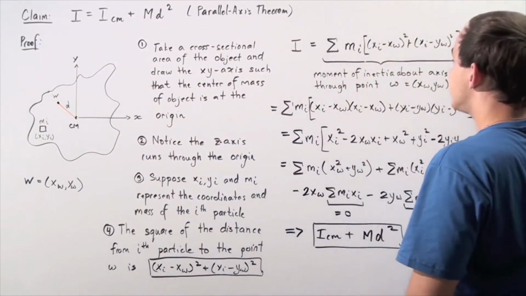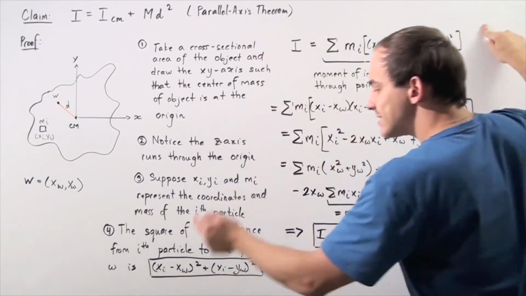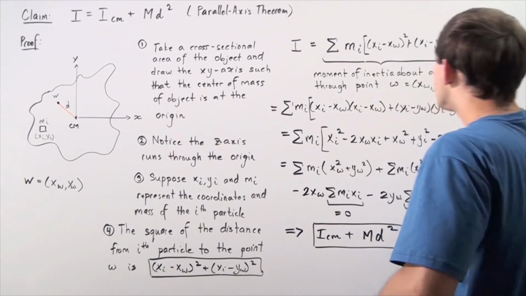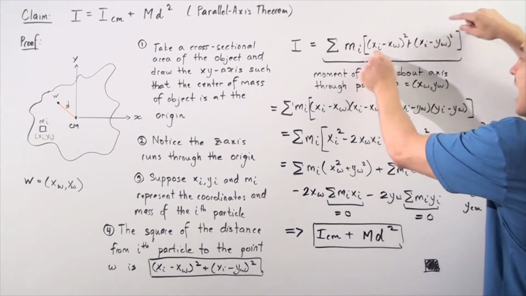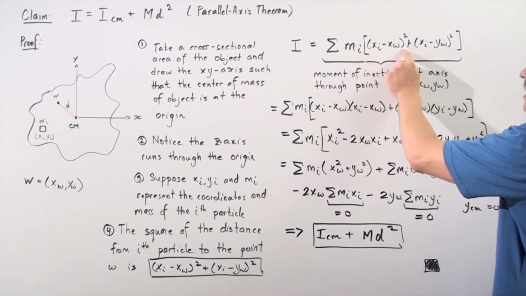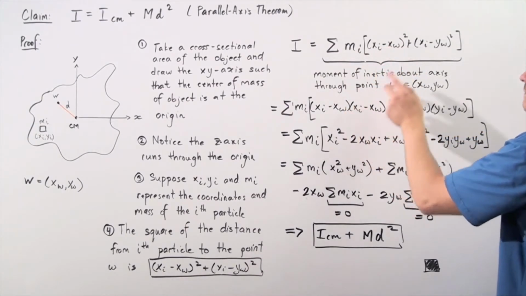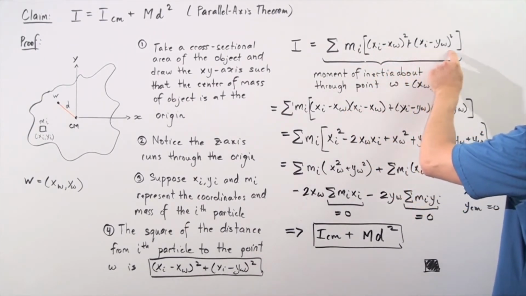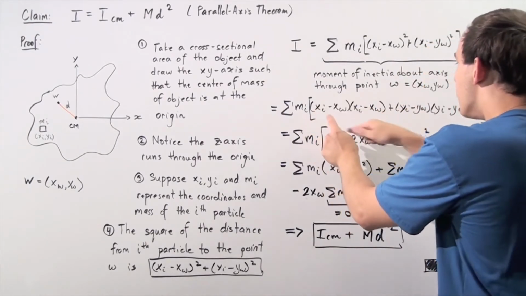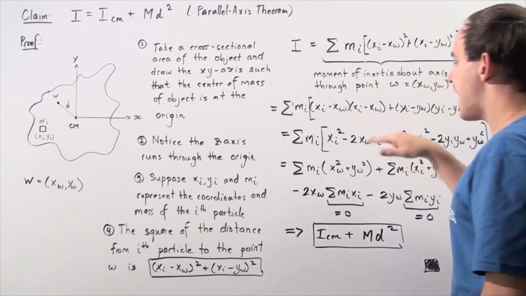So this is exactly what we get, where mi is the mass and this distance is the distance between them, squared. So let's actually take this and expand it. We have xi minus xw multiplied by itself and yi minus yw multiplied by itself. And let's actually multiply all these out.